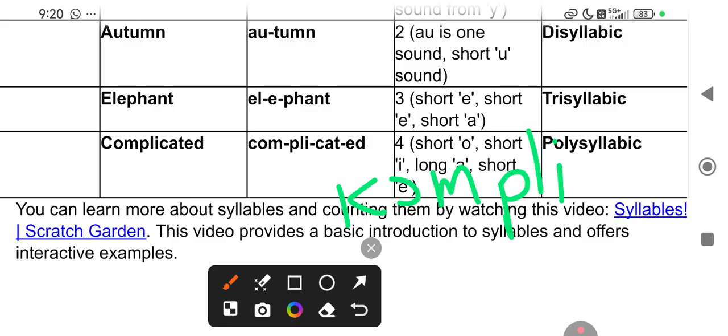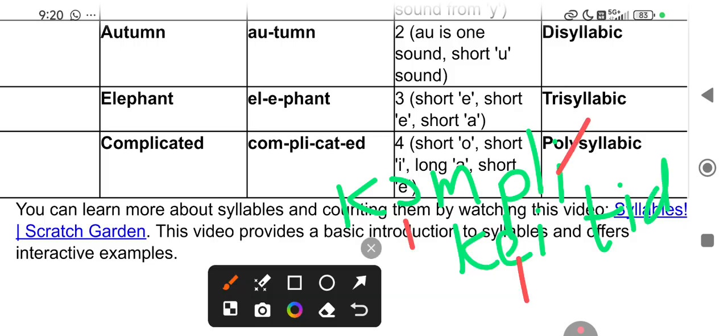So that's one, two, three, four, polysyllabic.